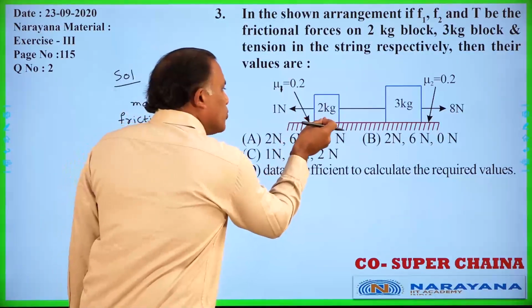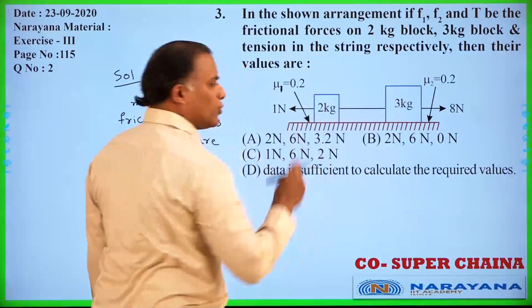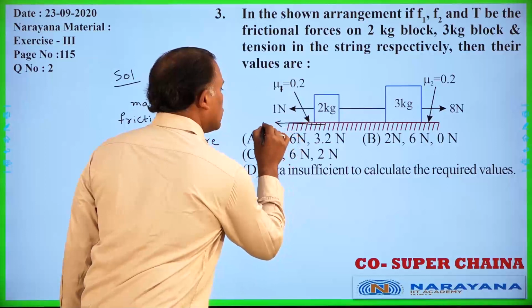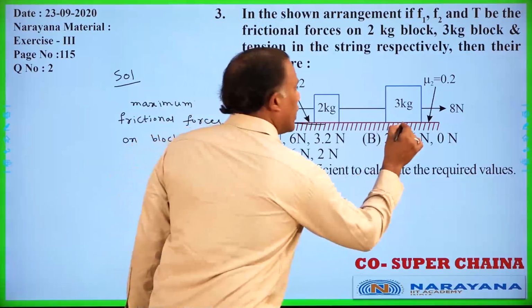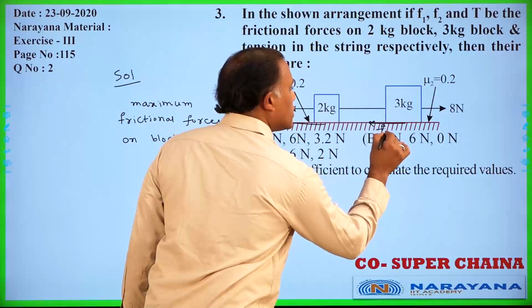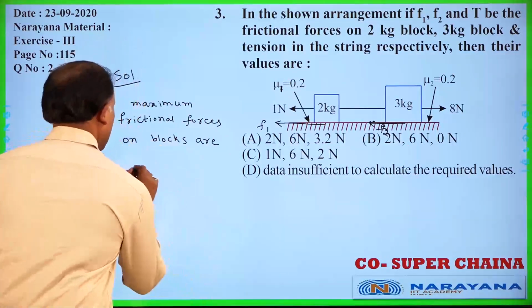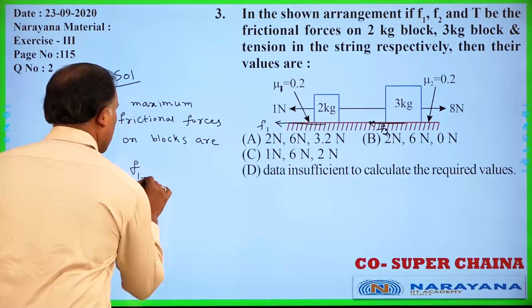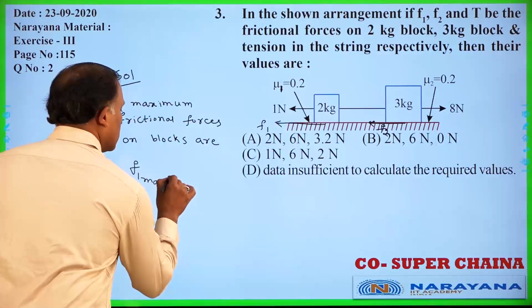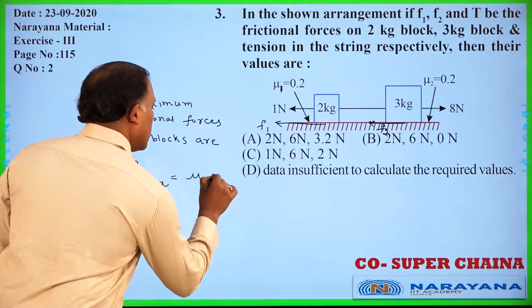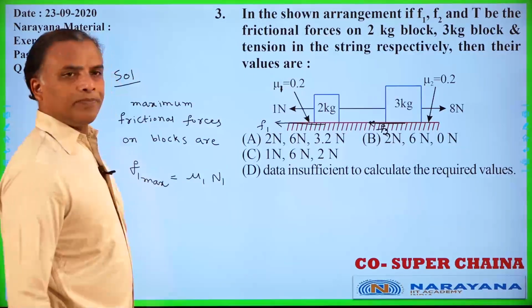Let the maximum possible friction here be F1 and the maximum possible here be F2. So F1 maximum is equal to mu1 into N1, the normal reaction.